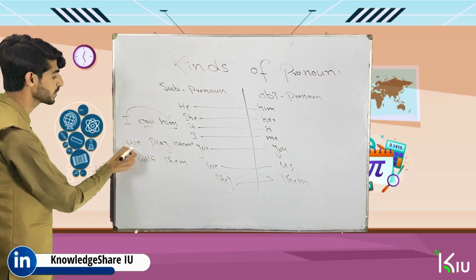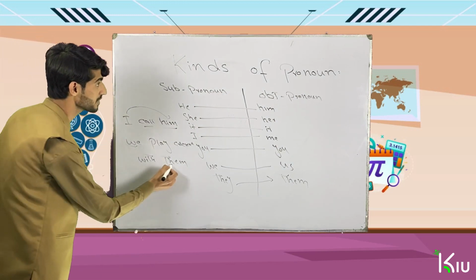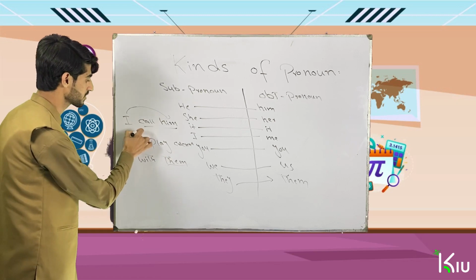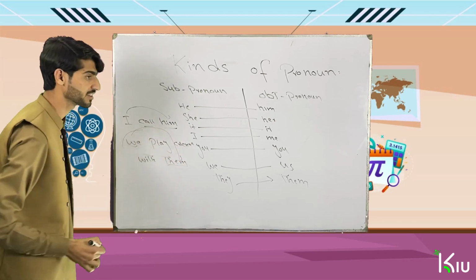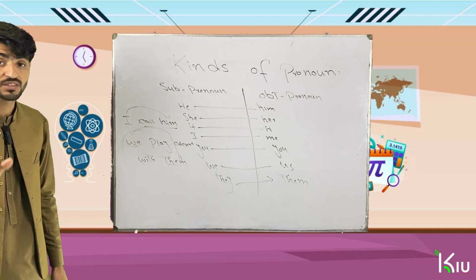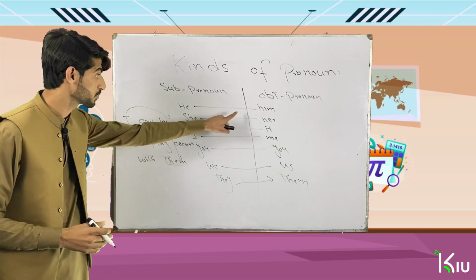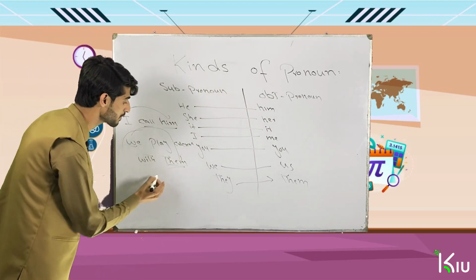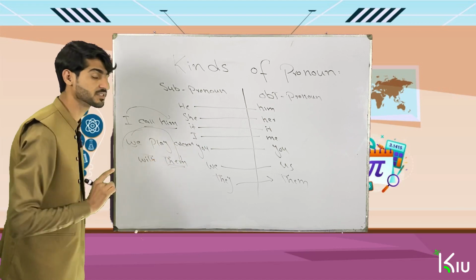In this sentence, we is subject pronoun and them is object pronoun. Why? Because here this subject starts the action and it is received by them. So as we said, object pronoun will receive the action and we put it in the place of object. So here them is in the place of object and it receives the action.